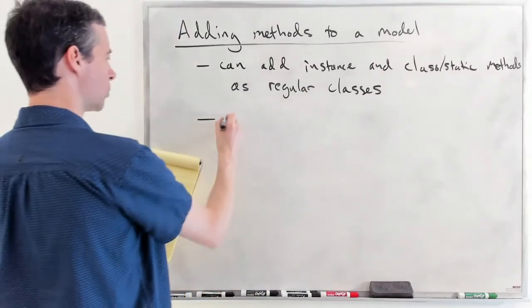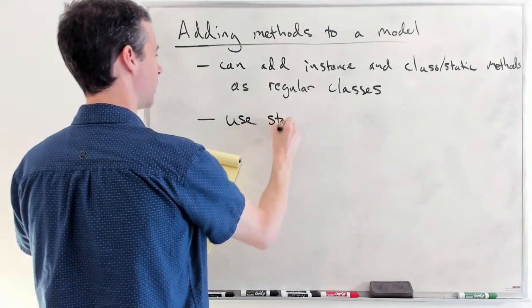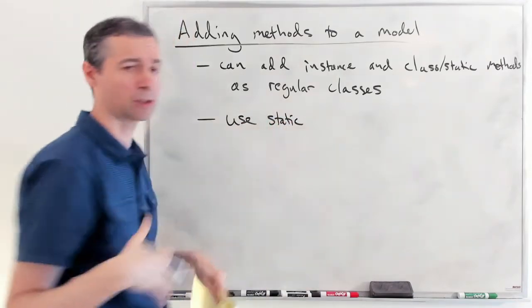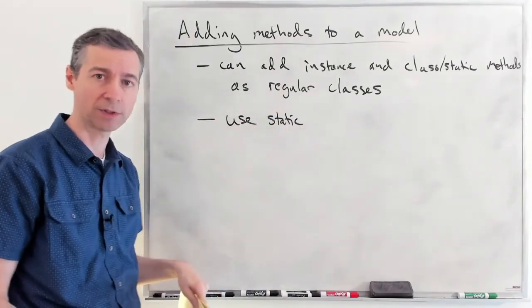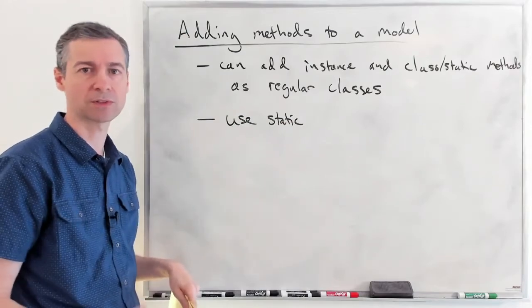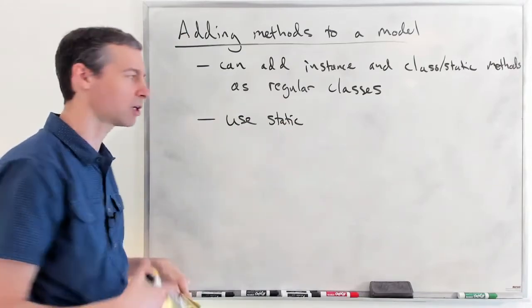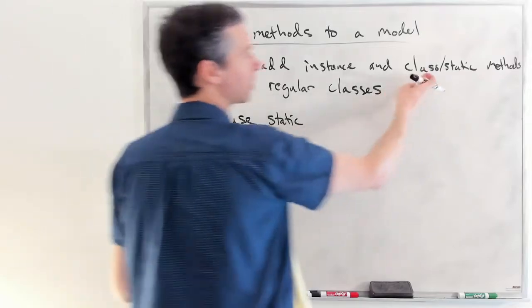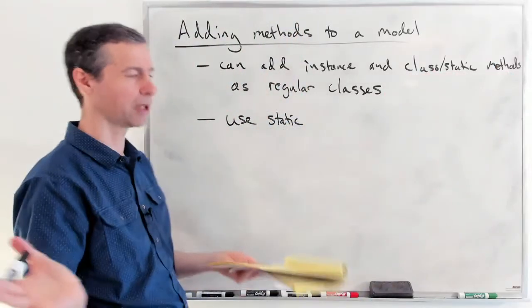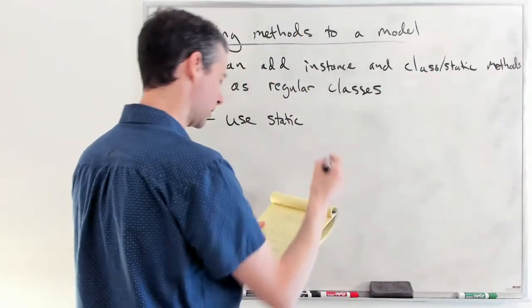When do we use which one? Well, we use these static methods. I like static because it's a term that you're familiar with from Java. It's also what's in C++ and C#. They're called class methods in Ruby, so bear with me, but I think static is fine.